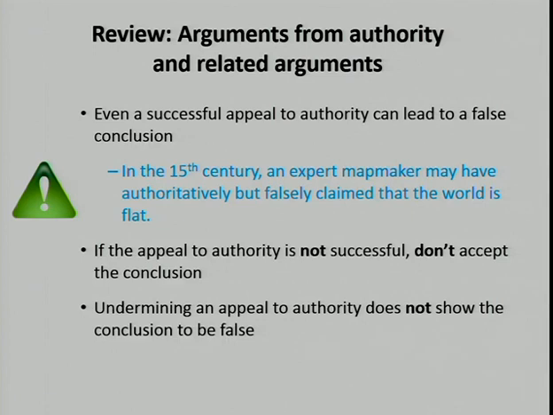It's important to keep in mind that undermining an appeal to authority does not show the conclusion to be false. It just shows that you don't have, given the appeal to authority, good reasons to accept it. But you can't, again, disprove a conclusion by undermining an appeal to authority, because that's just a personal attack, right? So it's important to keep in mind that it's not completely symmetrical in that way.